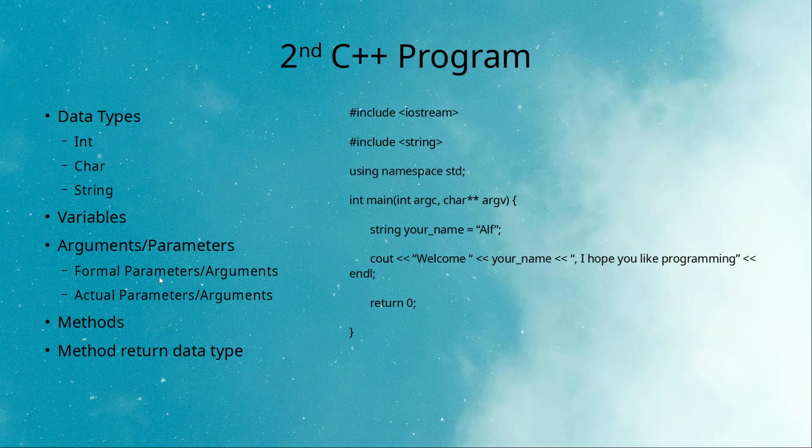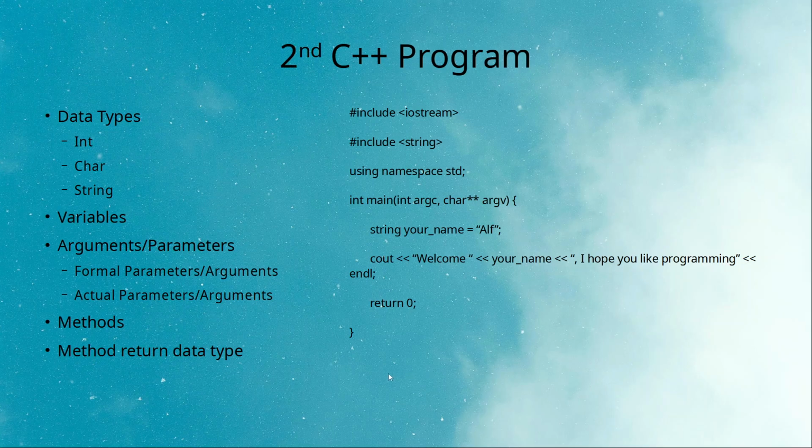Formal parameters are the placeholders. For example, over here we have integer argument c or argc. This is a formal parameter. Suppose I have another method where I am calling the main method. I can call that main method by using an integer, a fixed value 4, for example.